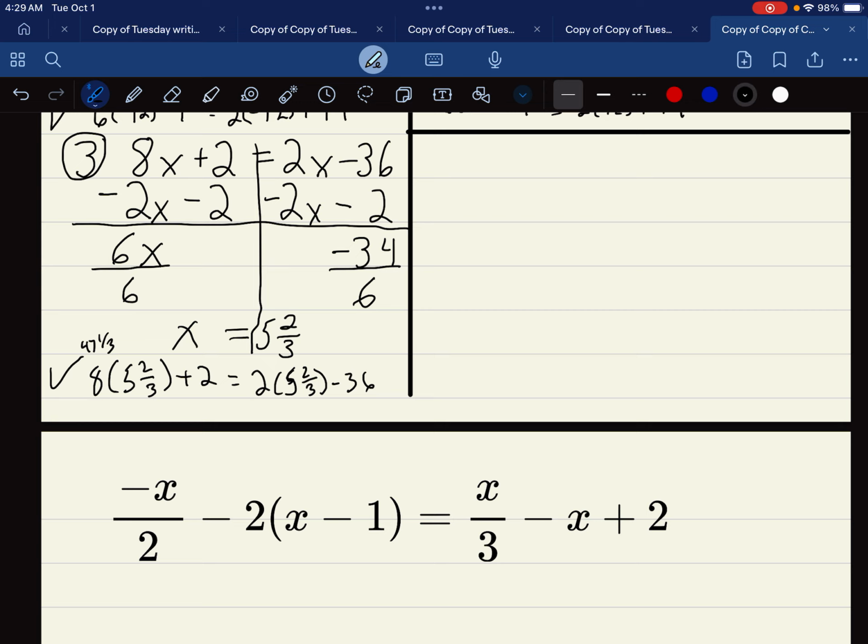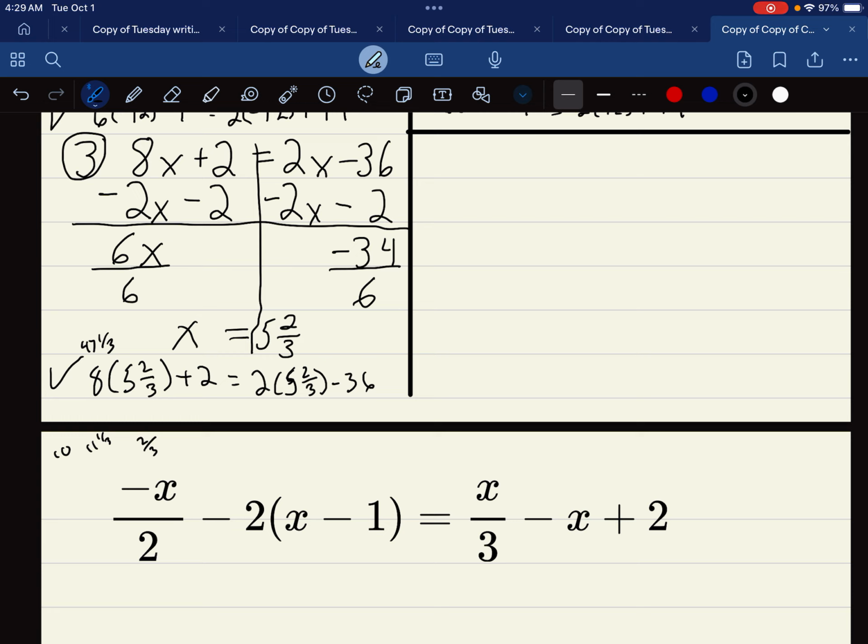All right, 2 times 5 is 10. 2 times 2 is 4. Divide by 3, 1 and a third. So that's going to be 11 and a third. Minus 36 is going to be negative 24 and 2/3.